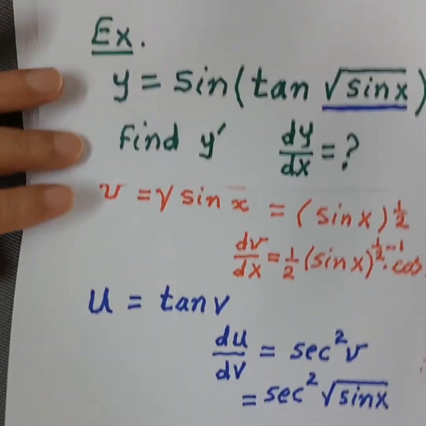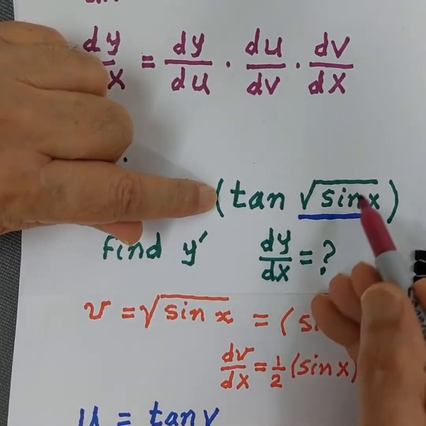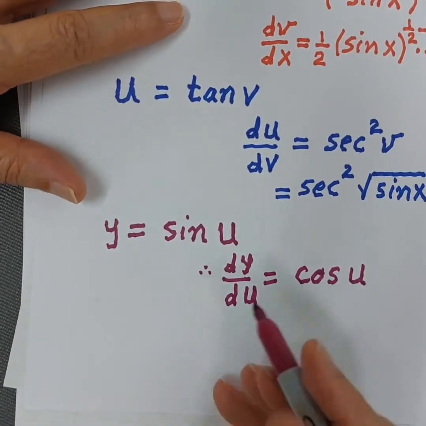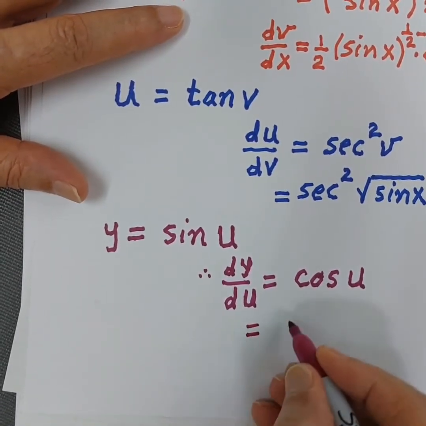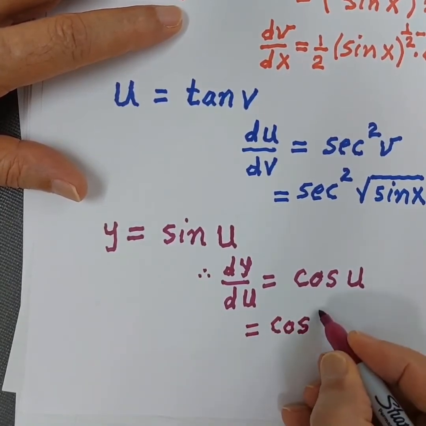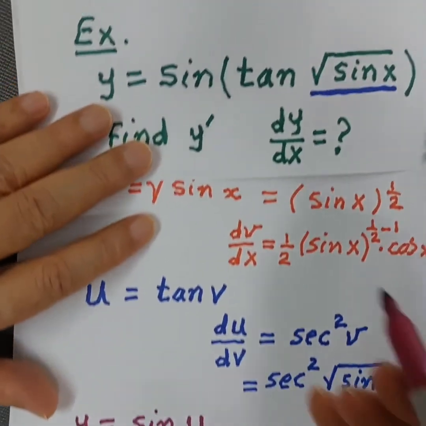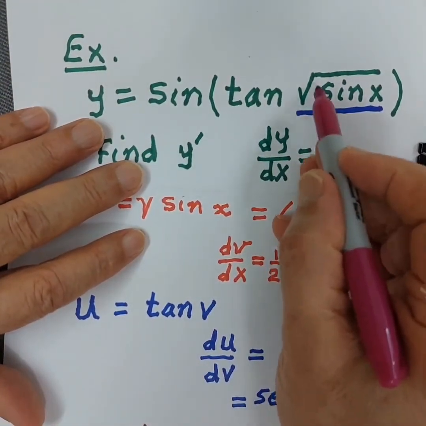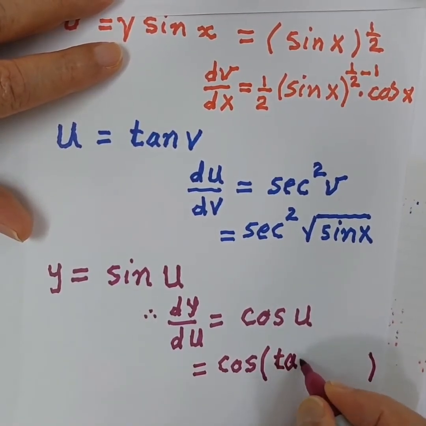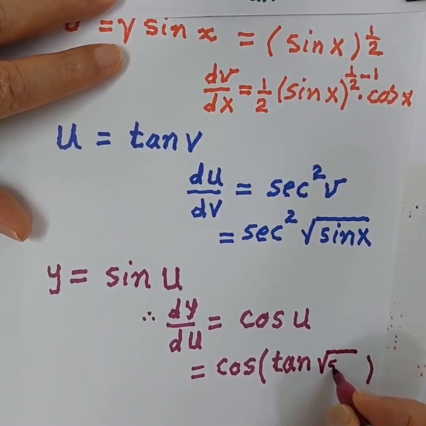We said u is all this between brackets. So we will put it again instead of u. Then we can write this is cosine, and instead of u we put what inside the brackets? Inside the brackets here, tan square root of sine x.